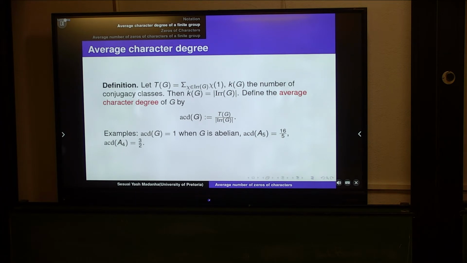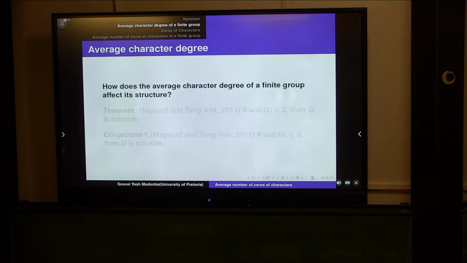For A5, it is 16 over 5, and for A4 it is 3 over 2. If you look at the character degrees, you can easily calculate and find that.